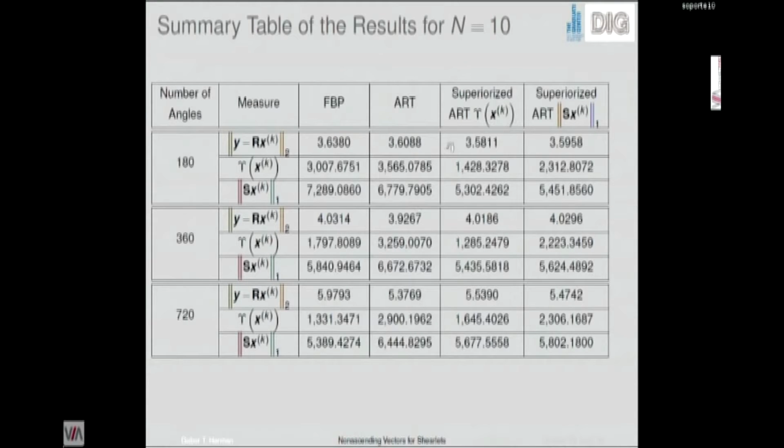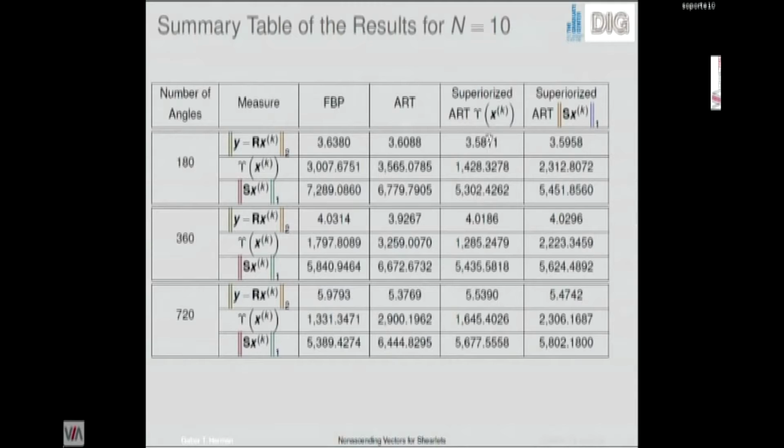Now, when I superiorize for TV, I would expect that the value of the TV should be less than using the other methods. And so it is. And if I superiorize for the L1 norm of the Shearlet transform, I would like to have the value of the L1 norm of the Shearlet transform to be less than by the other techniques, which is so for the unsuperiorized ART and for the FBP.